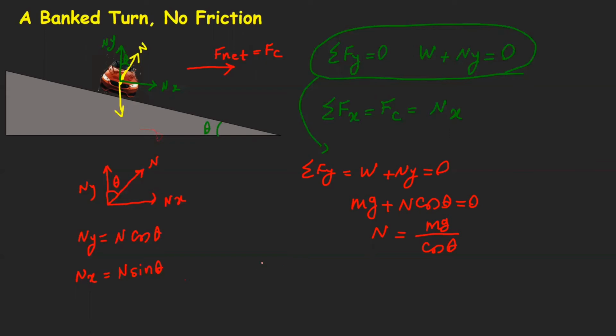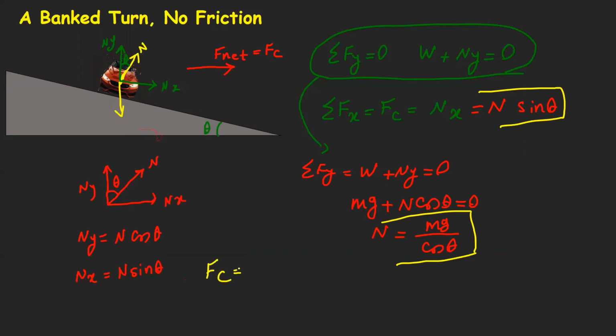Now, if we look at sigma Fx, that is equal to our centripetal force, or Nx, we can say this one is equal to N sine theta. Now we have these two equations, so I can write Fc is equal to Nx is equal to N sine theta.